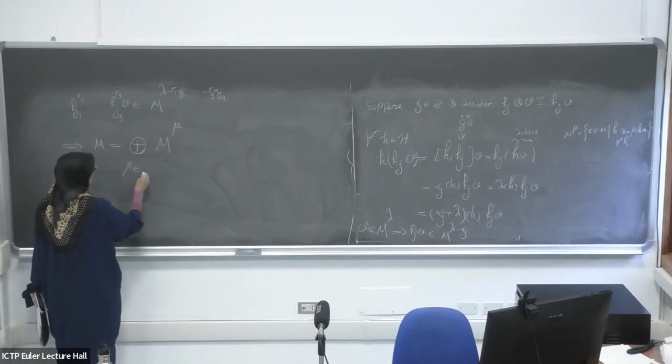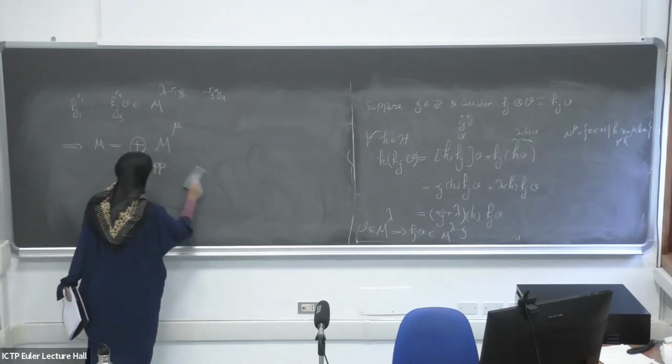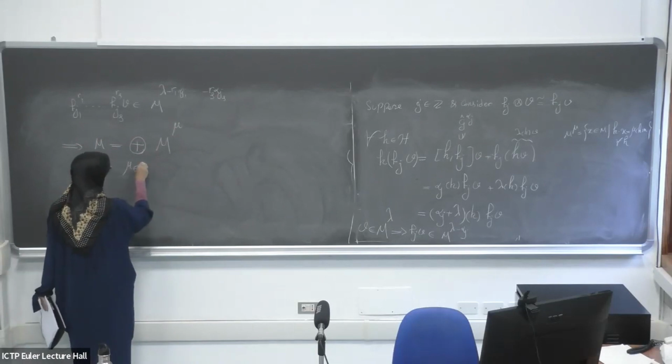Mu is a subset of the support of M, or we write H star here.